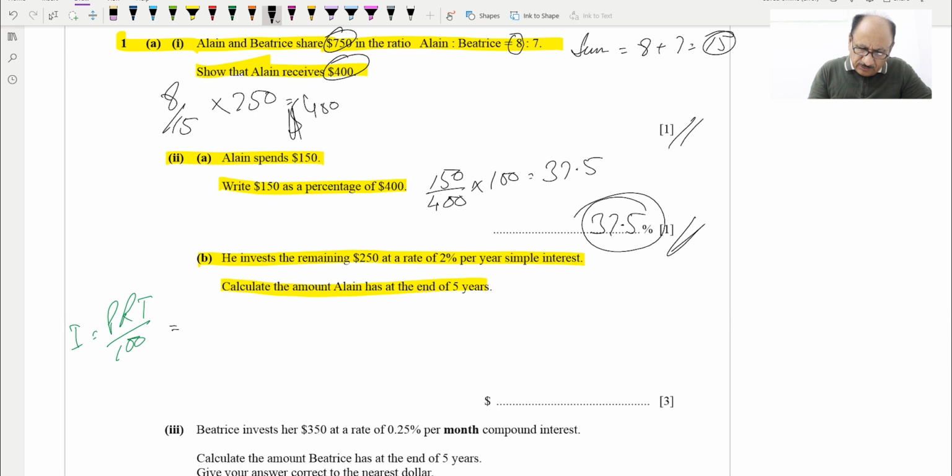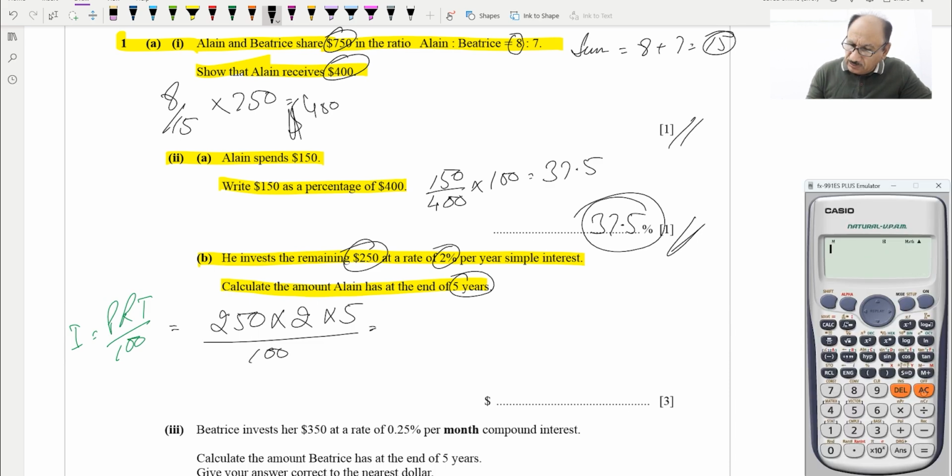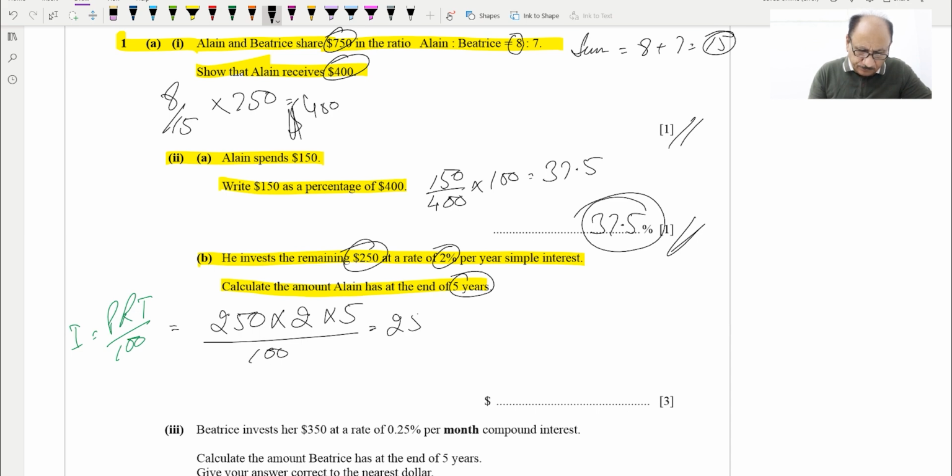Now we replace the values. The principal amount is 250, so 250 into the rate, which is 2, and the duration is 5 years, divided by 100. So 250 into 2 into 5 divided by 100 is equal to 25.